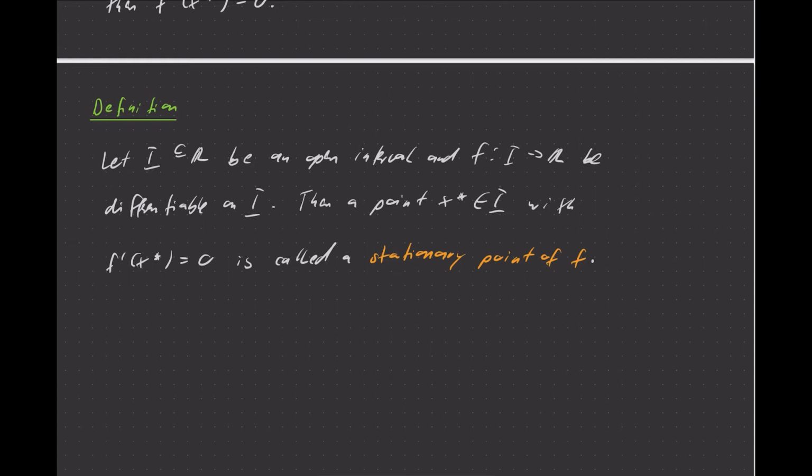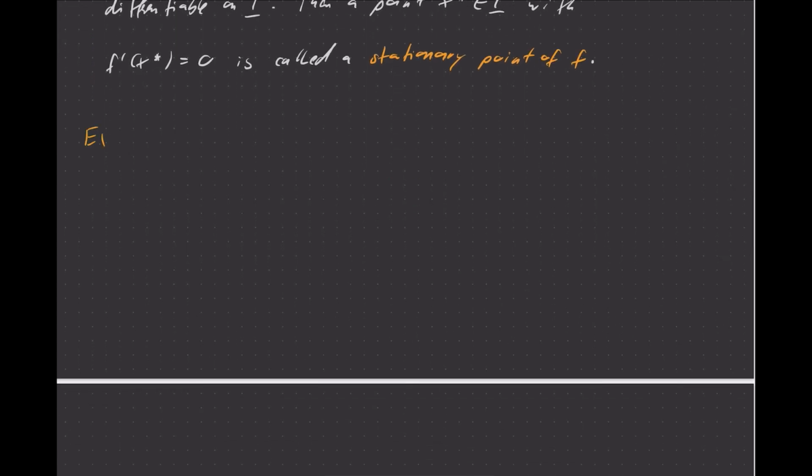So basically, if we want to find local extrema, we first have to find all stationary points. Now let's have a look at a quick example to see what we can do here. We're going to consider the function f of x equals 2x to the power of 3 minus 9x to the power of 2 plus 6x plus 20.